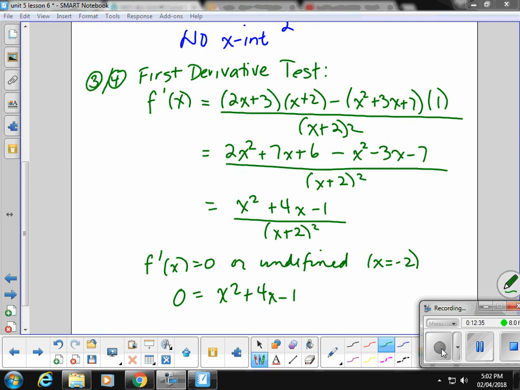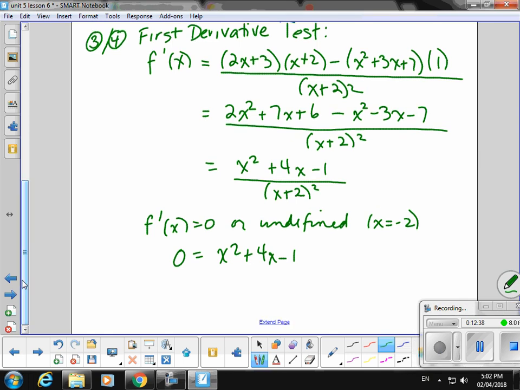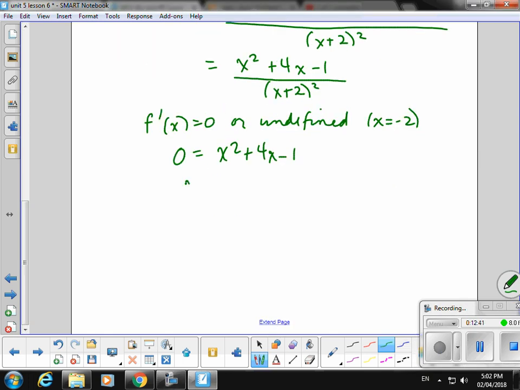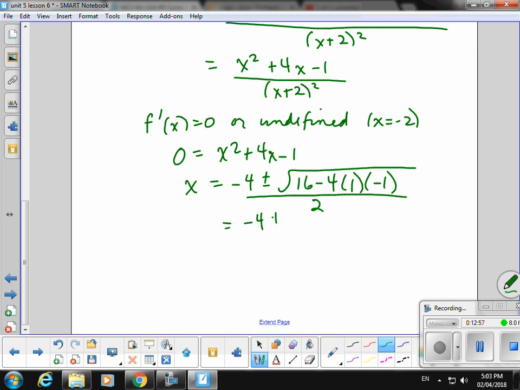So again, we are looking at the quadratic formula to find those critical points. We have negative 4 plus or minus the square root of b squared minus 4ac over 2a, which is plus or minus root 20 over 2, approximately 0.24, or approximately negative 4.24. So these are our critical points.